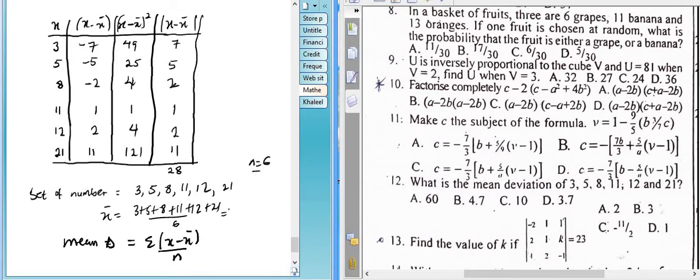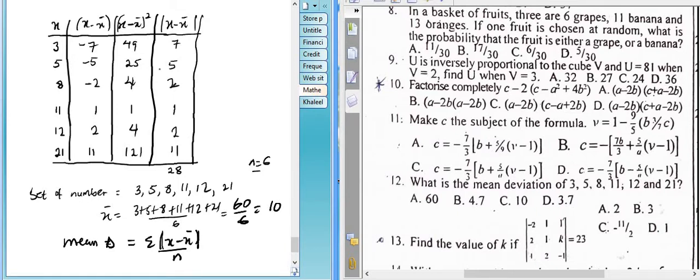Okay, so firstly we have to find the x bar, that's the mean, and then the magnitude. So we know that this is the set of numbers. X bar is the summation of all the numbers divided by the total number, which is 60 over 6. That is 60 over 6 is equal to 10. So the x bar, that is the mean, is equal to 10.